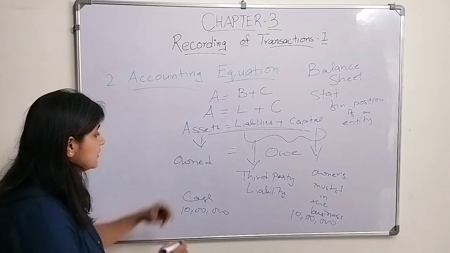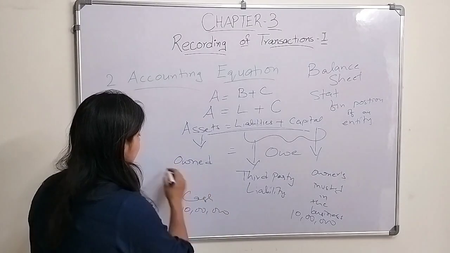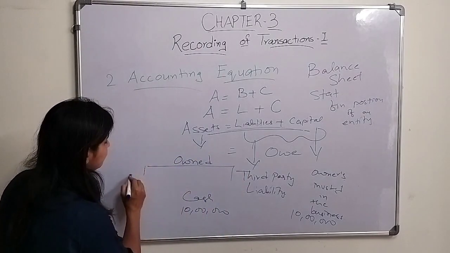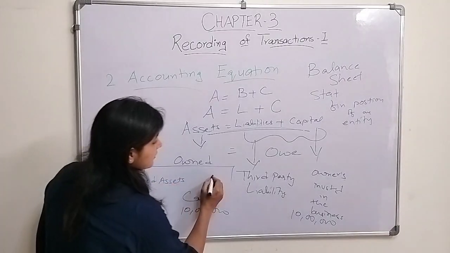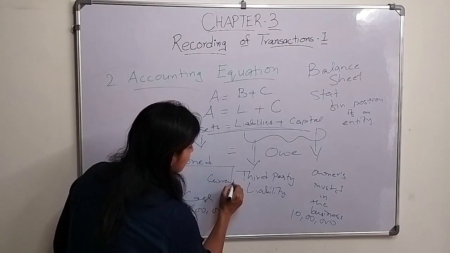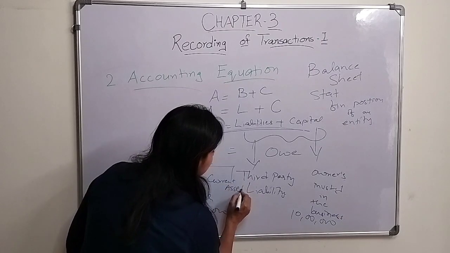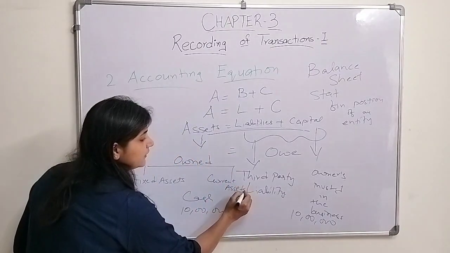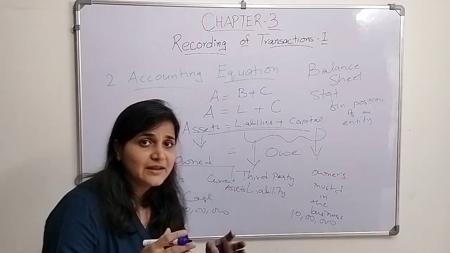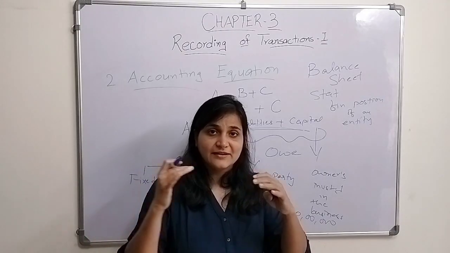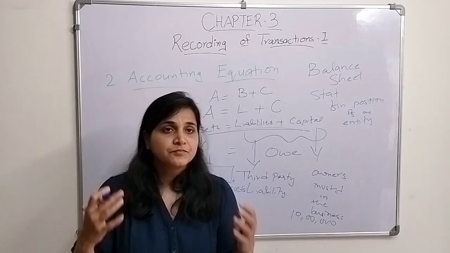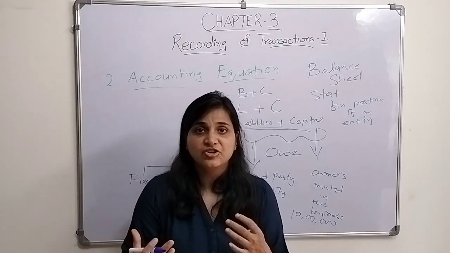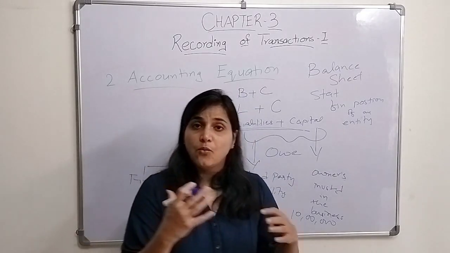We have discussed the classification of assets, wherein the assets are classified into fixed assets and current assets. Okay, let me just go through it again. Fixed assets: tangible assets and intangible assets. Tangible assets, which we can see and touch: buildings, land, plant and machinery, furniture, vehicles.